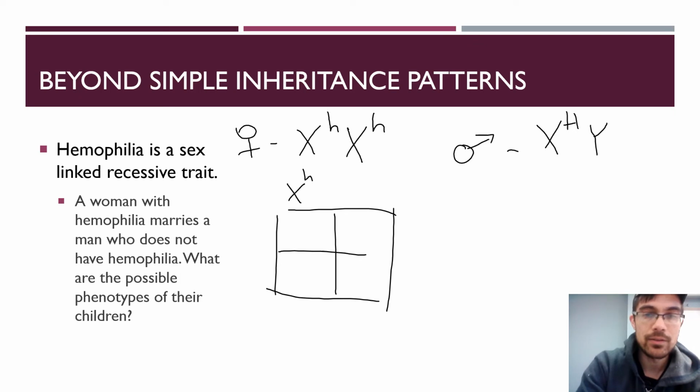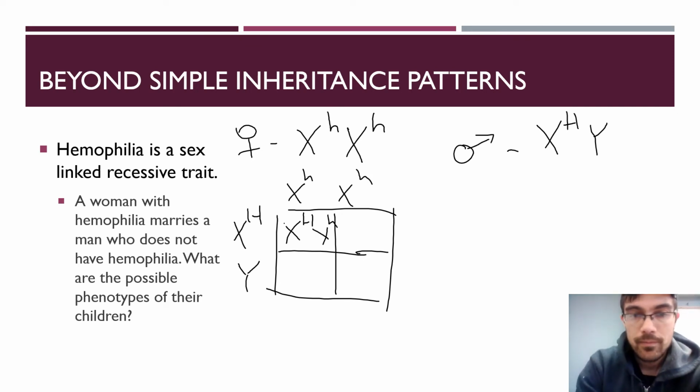So we have X h, X h, X capital H, and a Y. And what you'll notice is that when you do this cross, because the male only can give one possibility, which in this case is a normal gene, any daughters that this couple might have would not have hemophilia, because you have one of the dominant alleles, therefore it overrides the hemophilia gene.